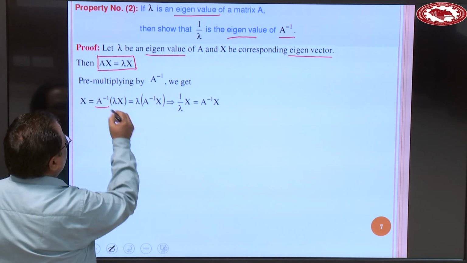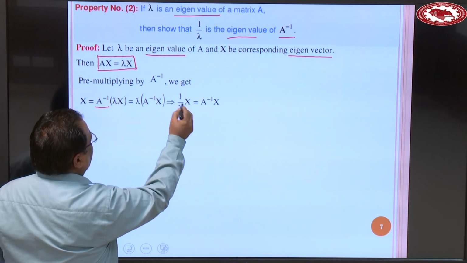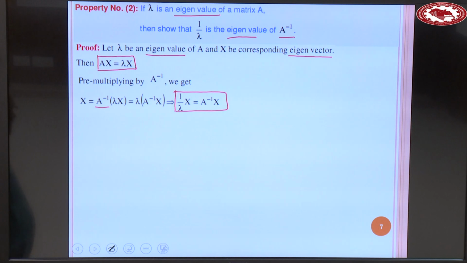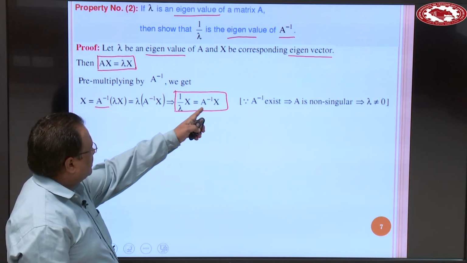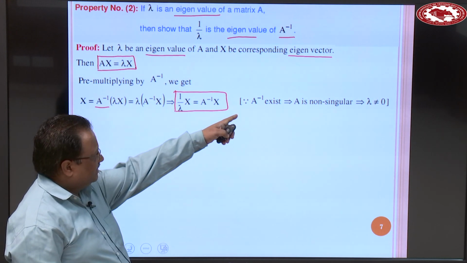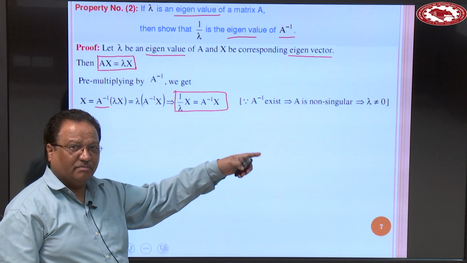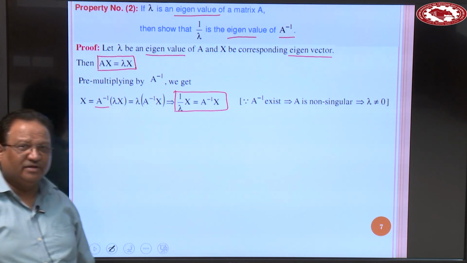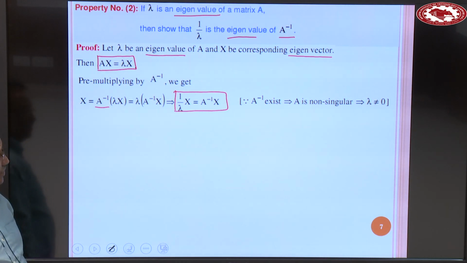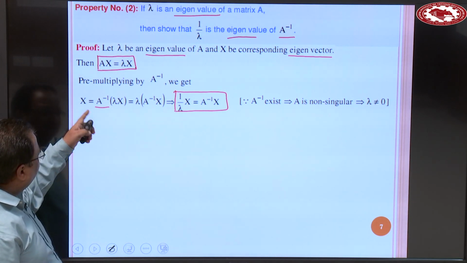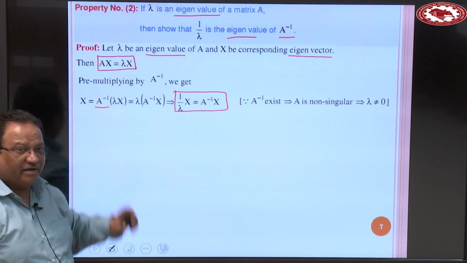This can be written as 1 over lambda x is equal to A inverse x, because A inverse exists, this implies A is non-singular, and A is non-singular means lambda is not equal to 0. So when lambda is not equal to 0, we can divide this x by lambda.